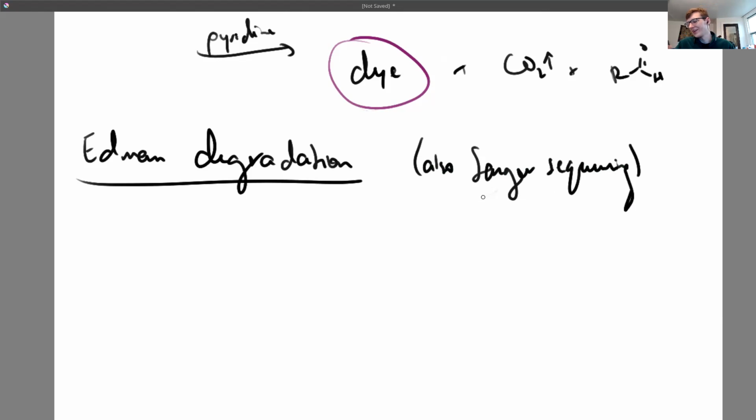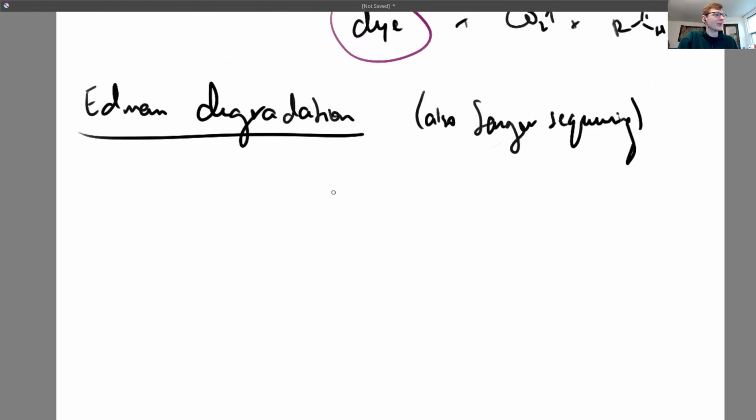I don't know how interested you guys are in the history of this sort of stuff, but he's one of the few people to have won 2 Nobel Prizes, for sequencing a protein, and the traditional way that we sequence nucleic acids is based off of him. He almost got a 3rd one for almost being the first to sequence RNA. His way of doing proteins wasn't the best, but he was a big deal, so he deserves an honorable mention here. But I guess Edman degradation is the one that stuck around.